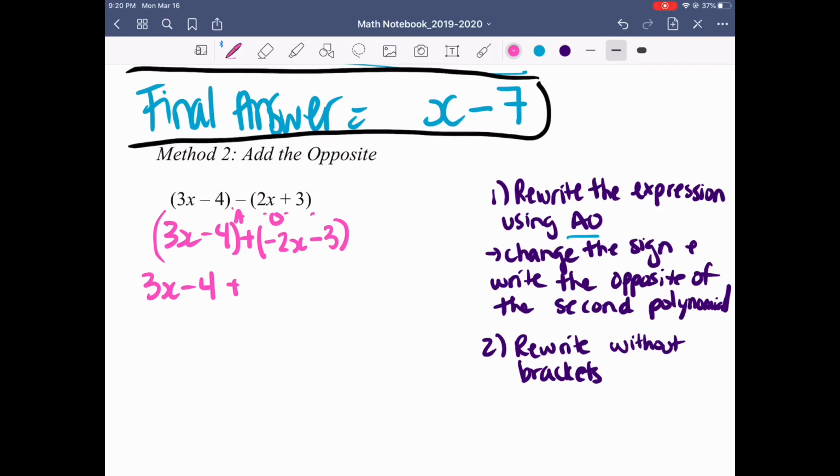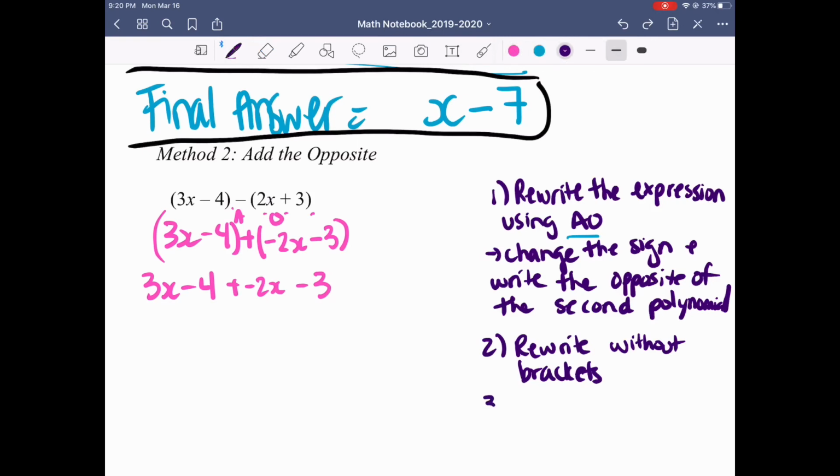So plus negative 2x minus 3. You don't actually need this plus right here, because plus negative 2x is just the same thing as minus 2x, but it's up to you. I'll just keep it because it doesn't really matter. So step 1 was change the sign, do AO. Step 2 was rewrite without the brackets.